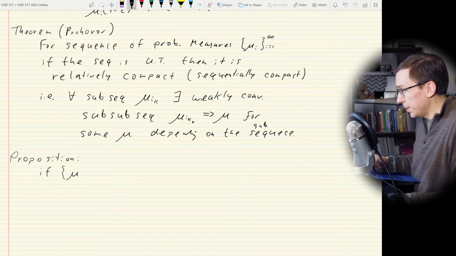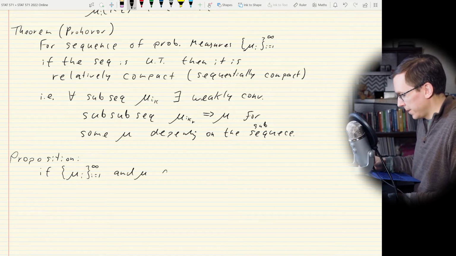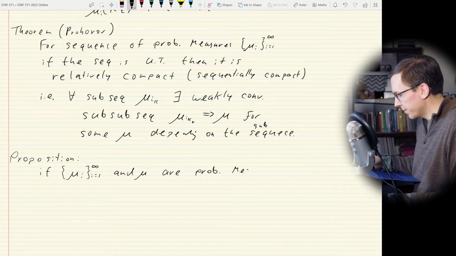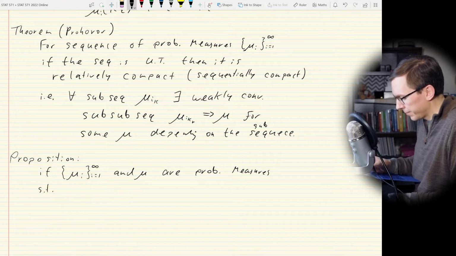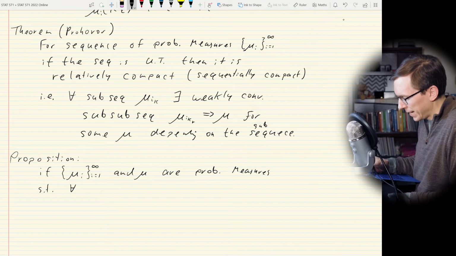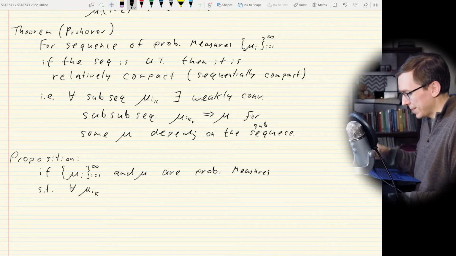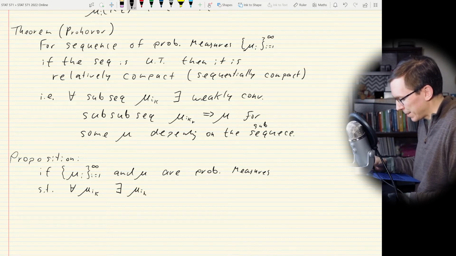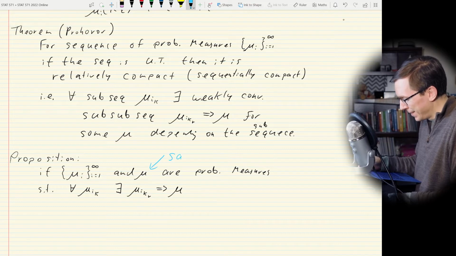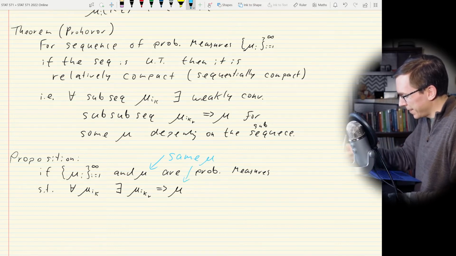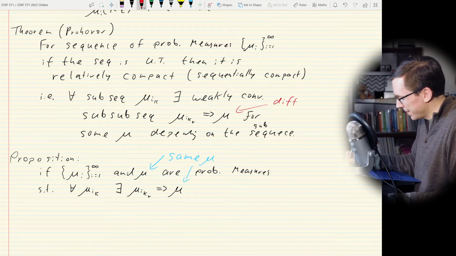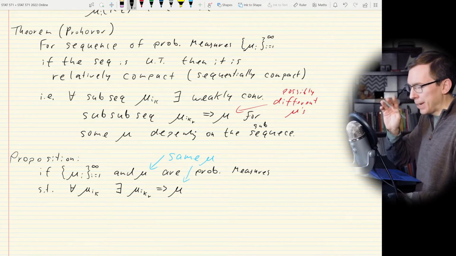It says: if mu_i from 1 to infinity, and mu are probability measures such that for all subsequences mu sub i sub k, there exists a mu sub i sub k sub r that weakly converges to mu, and in this case it's the same mu every time, whereas up here it was possibly different mu's, just to make sure this isn't confusing.